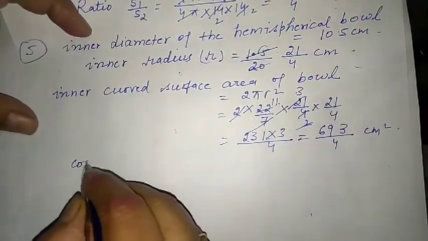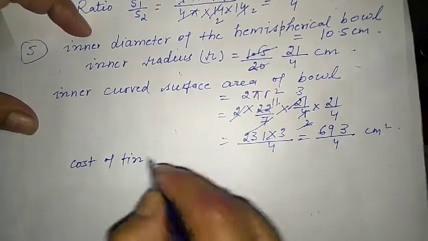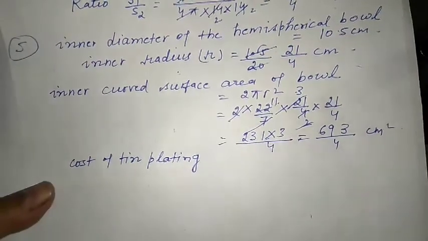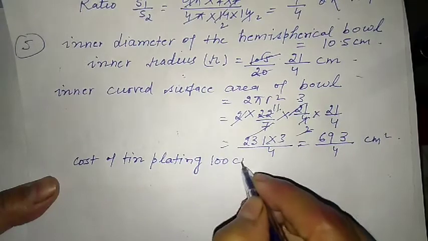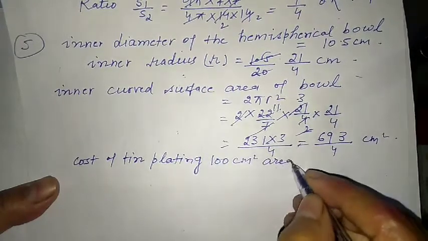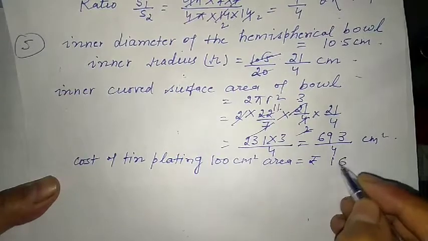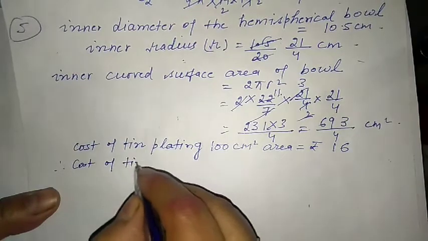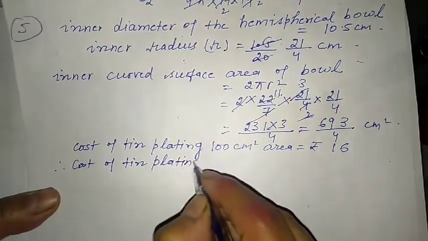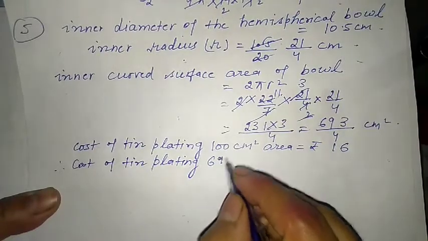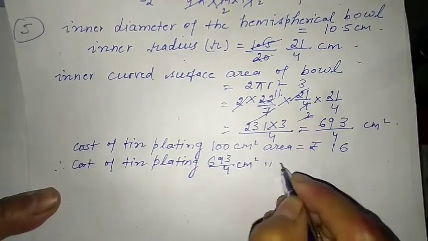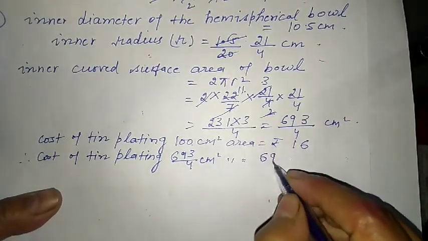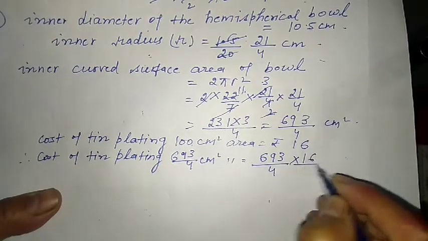Now we have to find the cost also. Cost of tin plating, 100 centimeter square area is equal to rupees 16. So cost of tin plating, 693 upon 4 centimeter square area is equal to, this is multiplied and it will be divided by 100. 693 upon 4 into 16 upon 100.